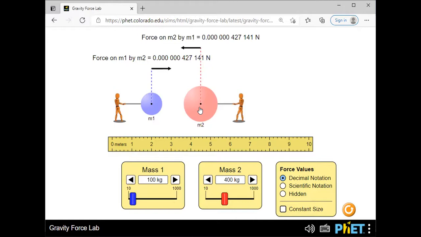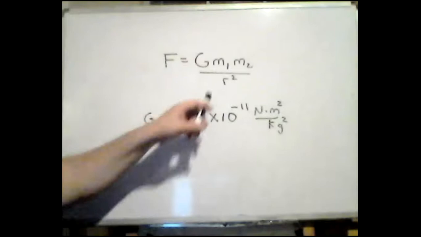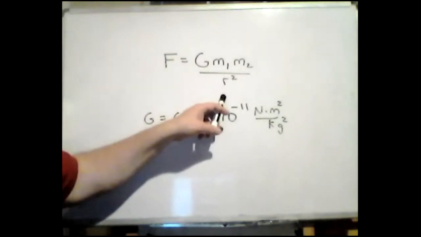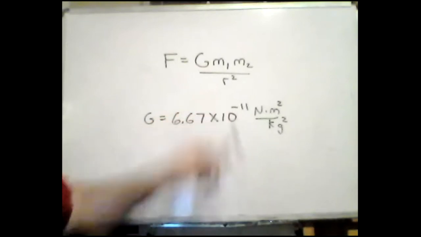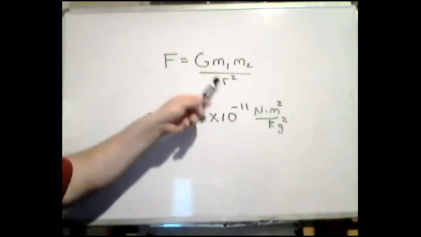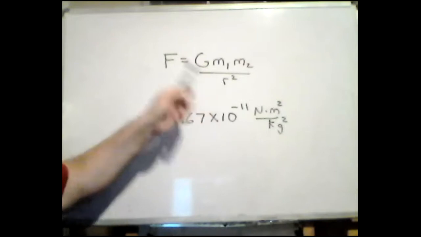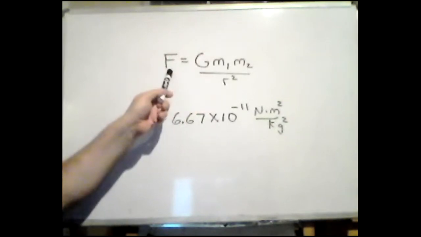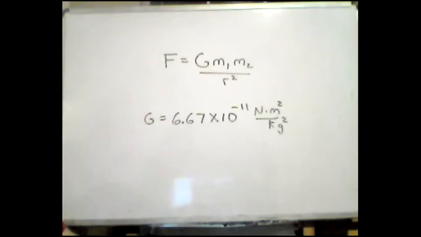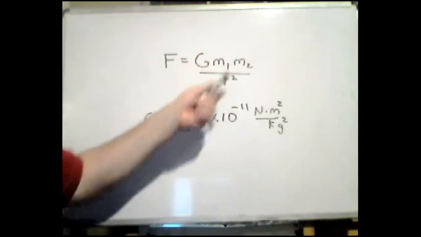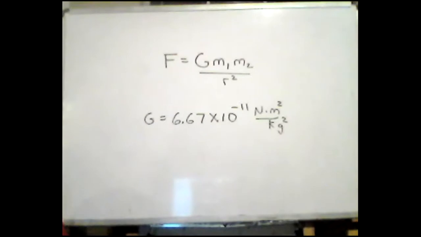So again, why is that? Well, because I'm dividing by a denominator, r squared. If that center value is larger, that means I'm dividing by a larger number and I'm squaring that. That means the fraction is smaller. So the larger the distance, when we move the masses apart, the force decreases.